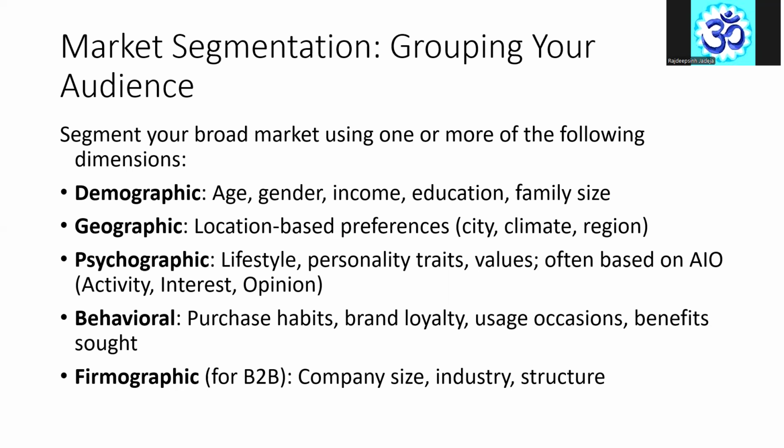Now the second element is geographic. The geographic dimension includes location based preferences, like which city you want to target for your customer segmentation. It could be Ahmedabad, it could be Bangalore, it could be Delhi. What is the climate in which you want to target your segment?